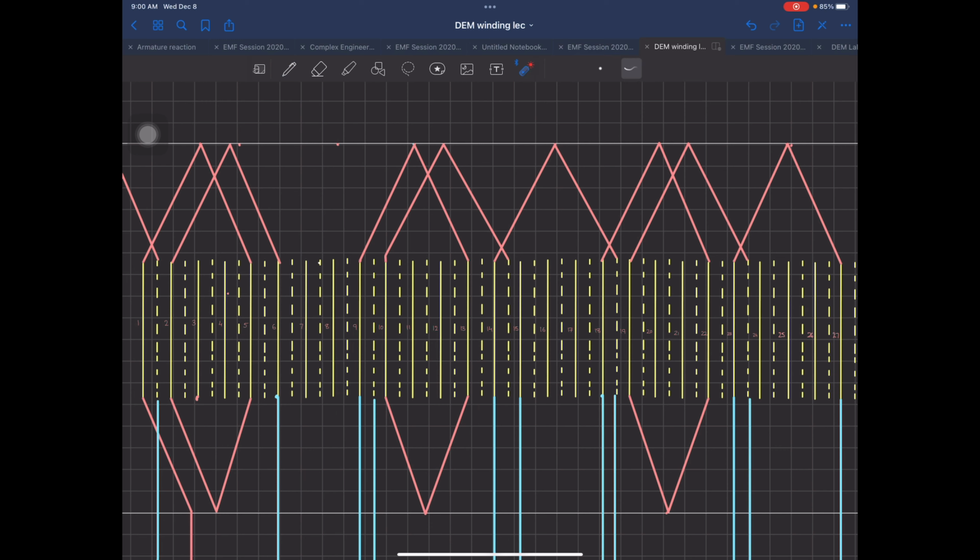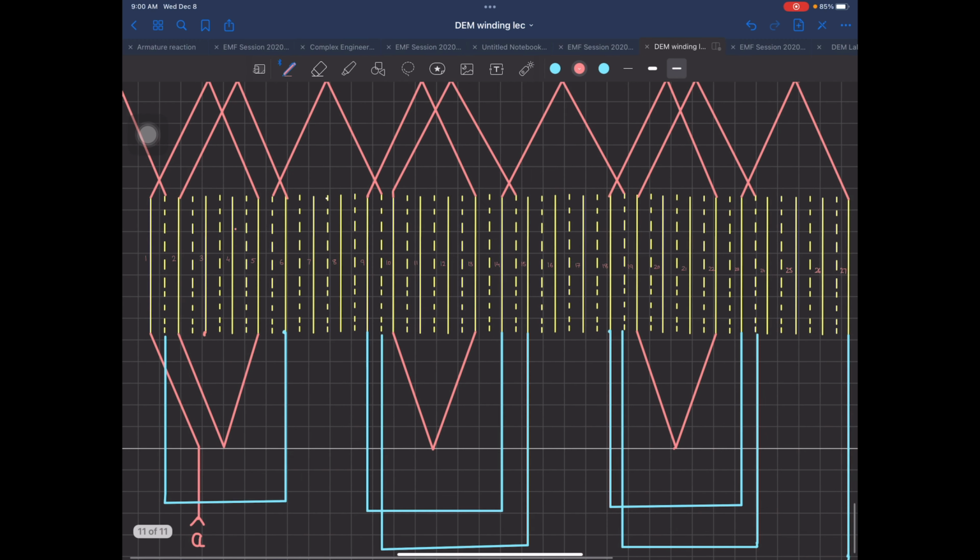This is 5 1 2 3 and 4. This is 2, so you are somewhat here, and this is your 5, and I am at 9th dotted, so you are here.